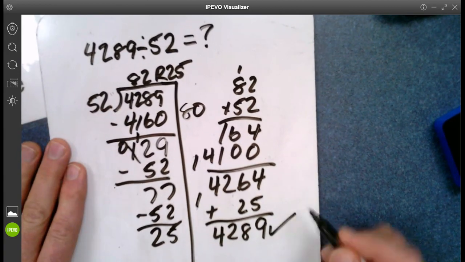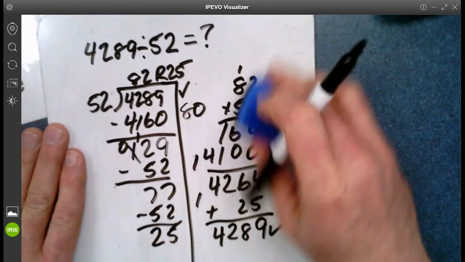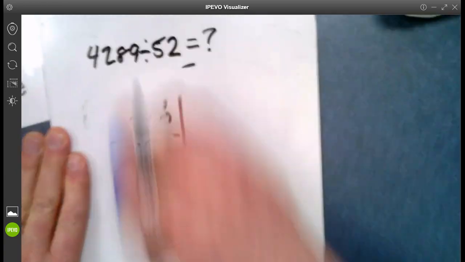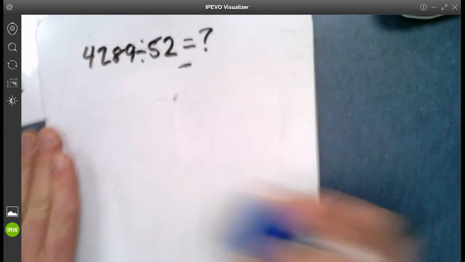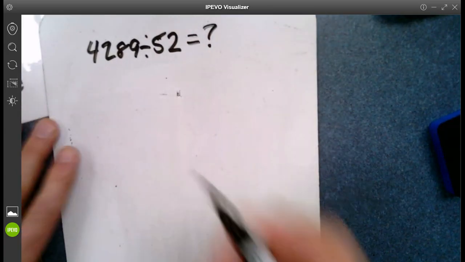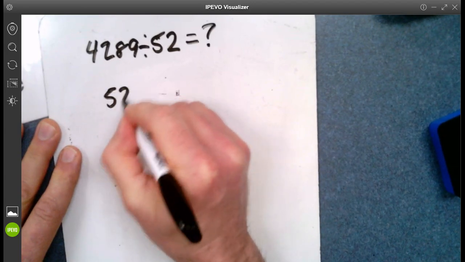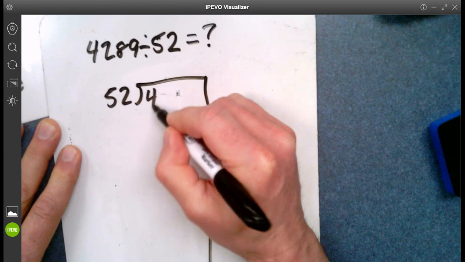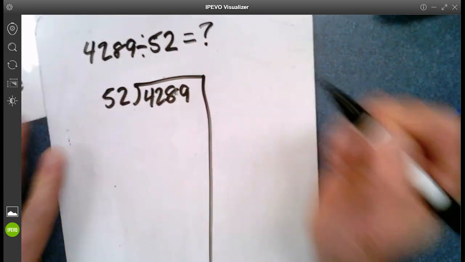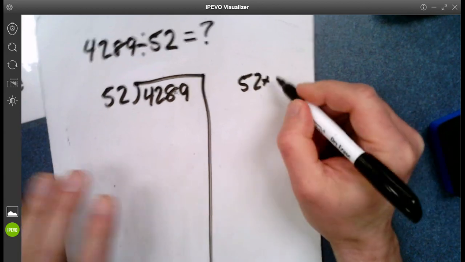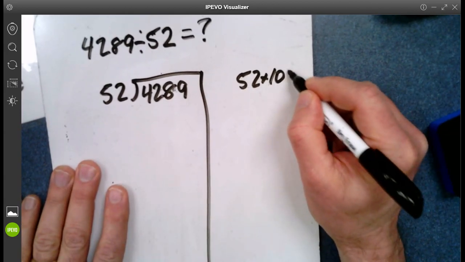It totally worked. Okay. Now, I want to show you one more thing. I want to show you how you could have, instead of doing times 8, you could have just done times 10. And I won't do the whole thing, but I'll kind of get you started so you could see that the coolest thing about partial quotients is you can start in a totally different place than I do, and we could still get to the same place.